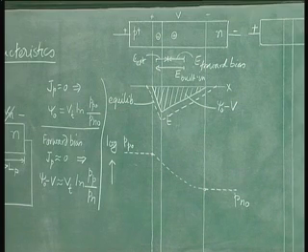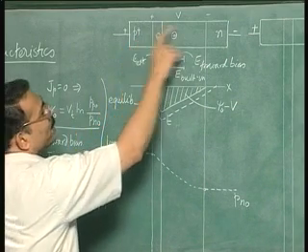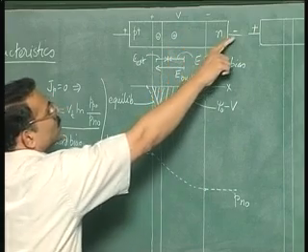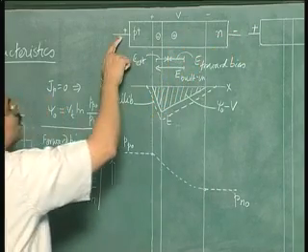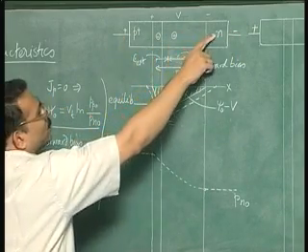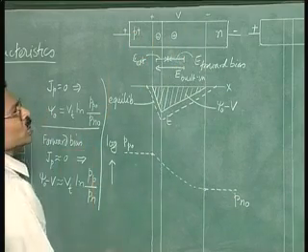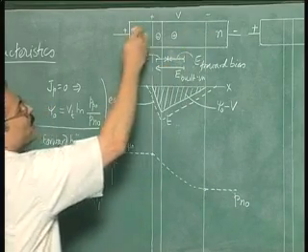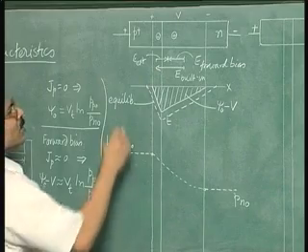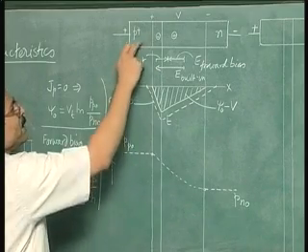because just as holes are injected from P to N, because of this negative potential here, the positive potential here attracts electrons from N region into P region. So electrons will be injected from N to P. This means the electron concentration will increase in the P region.